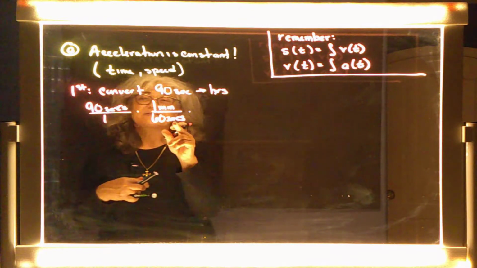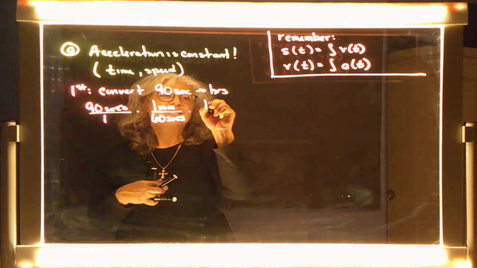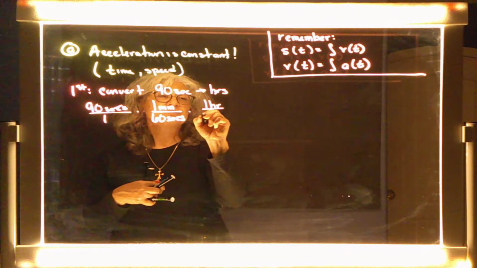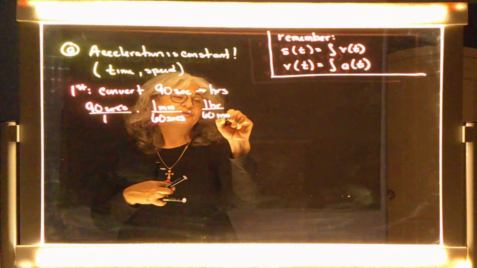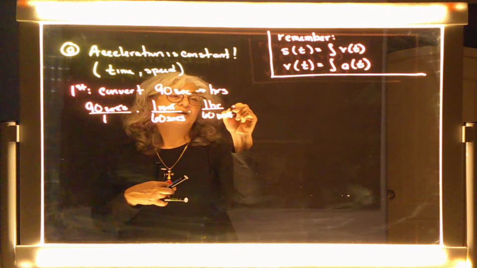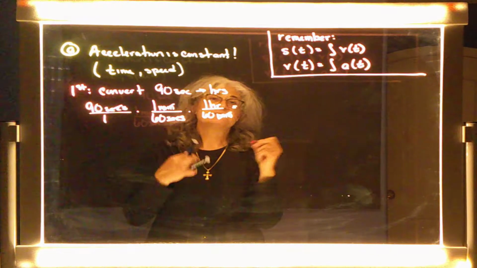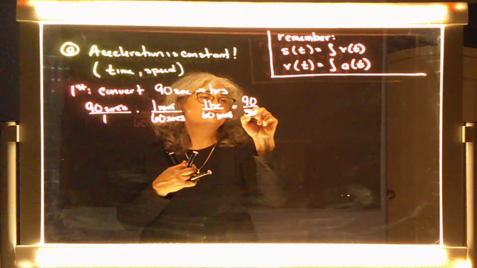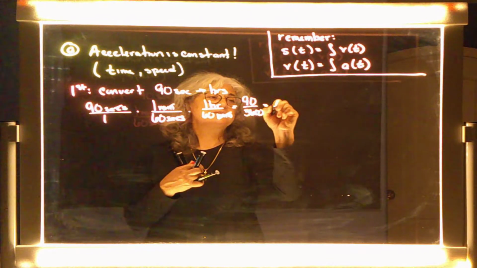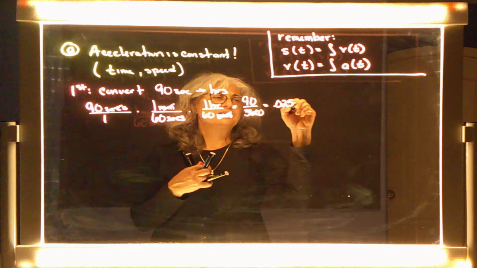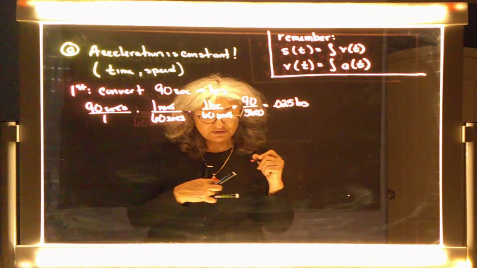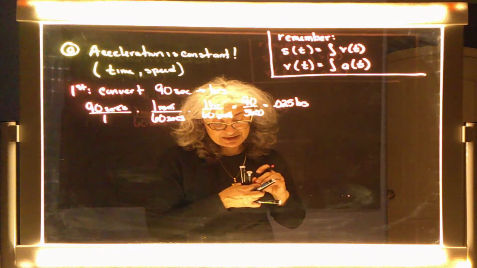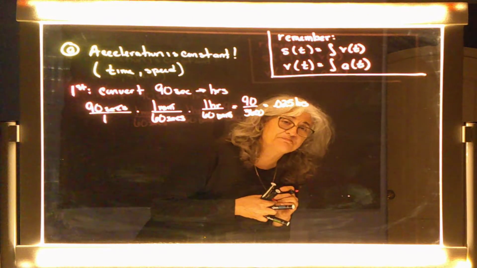So I cancel the seconds from the bottom and the top, times 1 hour over 60 minutes. So I cancel the minutes from the bottom and the top, which gives me 90 over 3600, which is 0.025 hours. If I look at my handy dandy cheat sheet, that answer is yes. Cool? Okay.